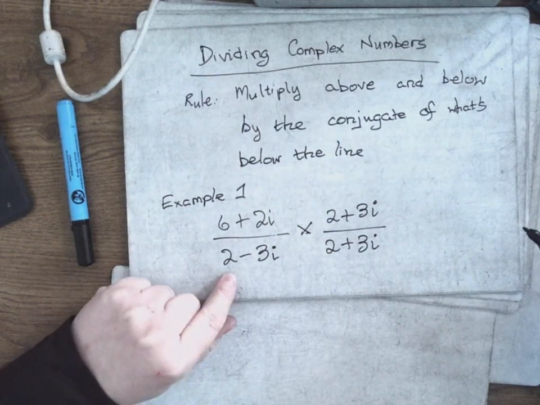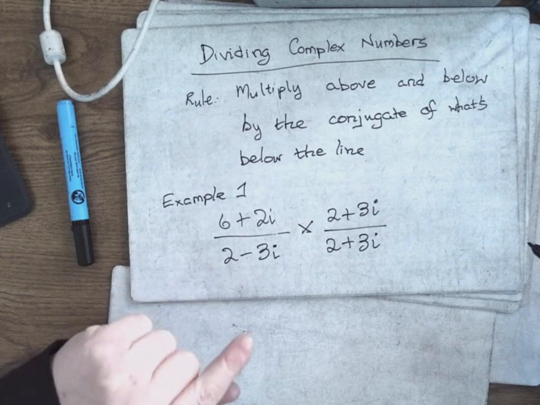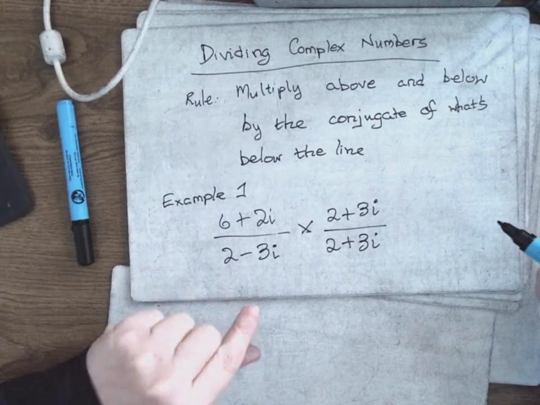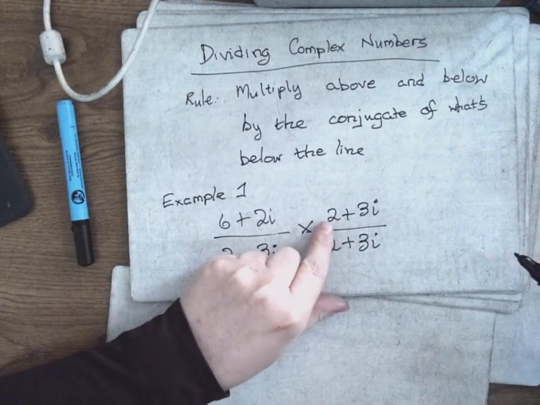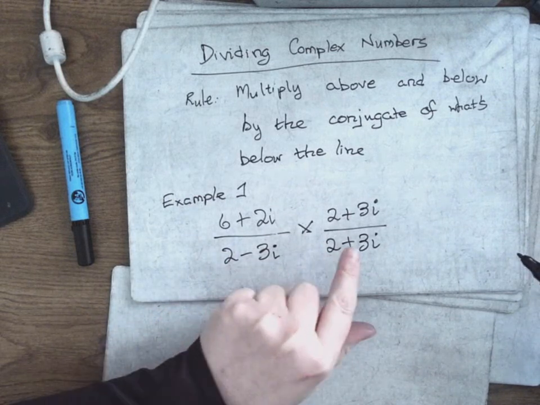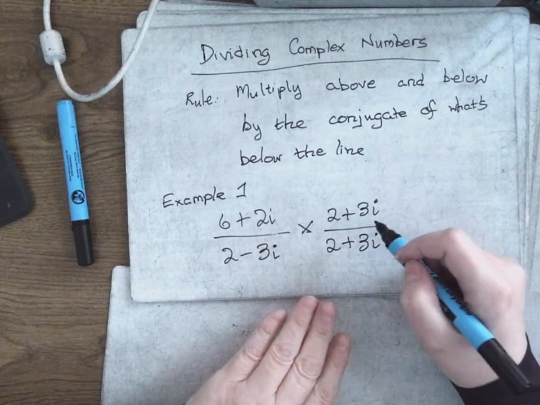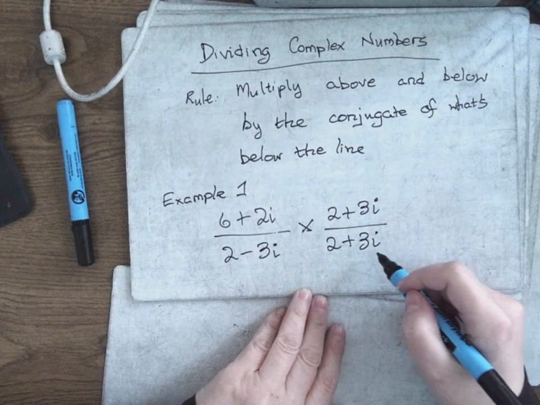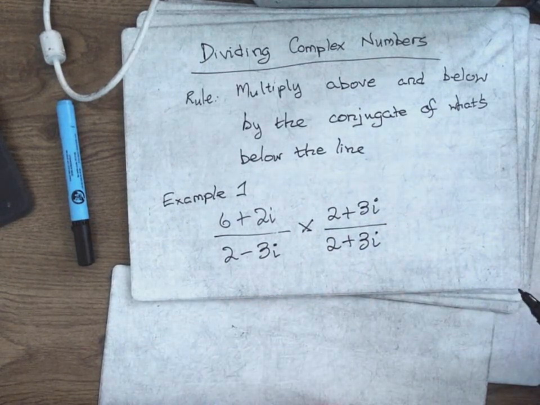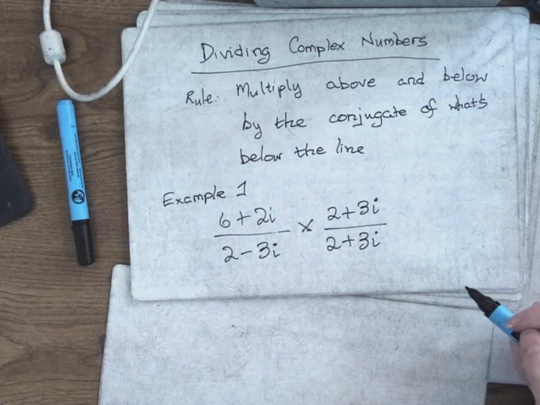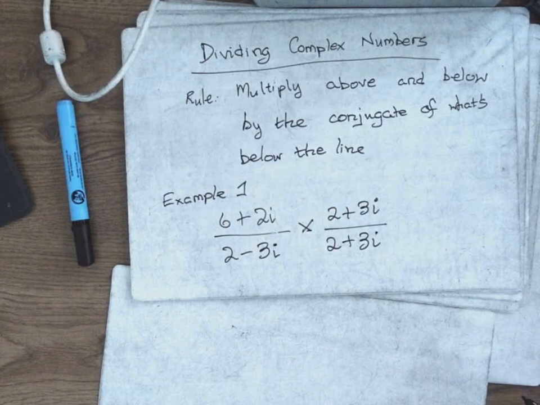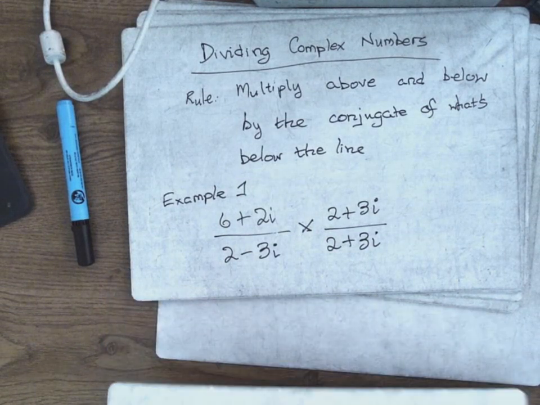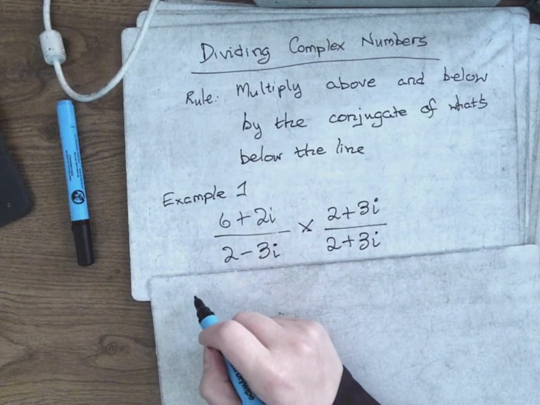I looked at below the line, I got the conjugate of what's below the line, which is just change the sign of the imaginary part. So it still stays at plus 2, but minus 3i becomes plus 3i. And I'm going to multiply above the line by that, and below the line by that. And when you multiply above and below the line by the same number, you're not changing it.